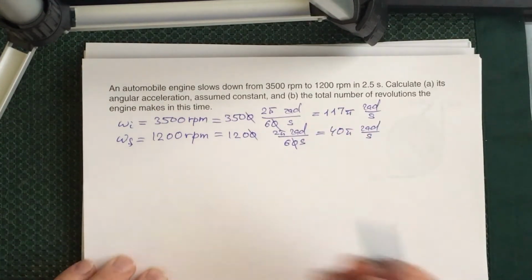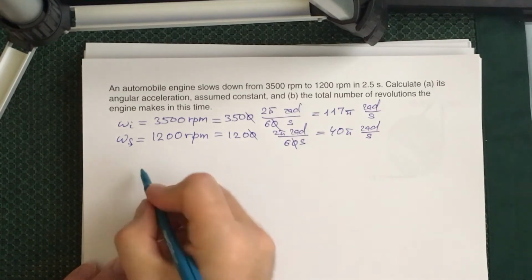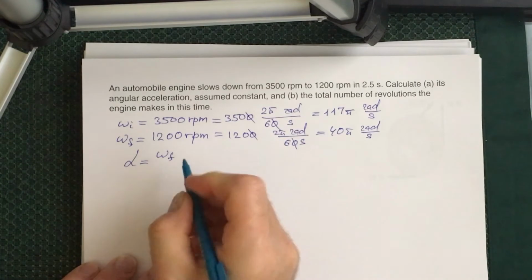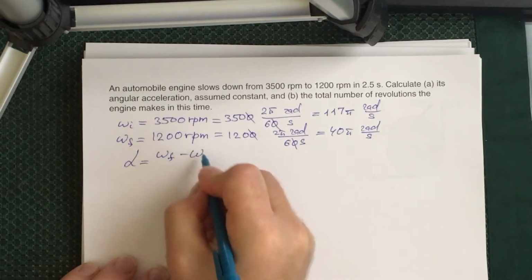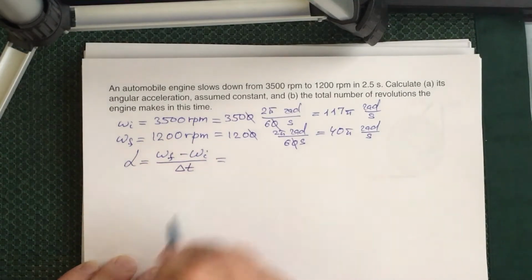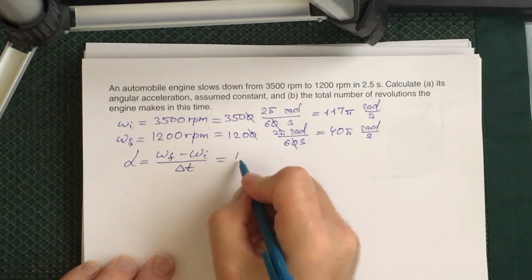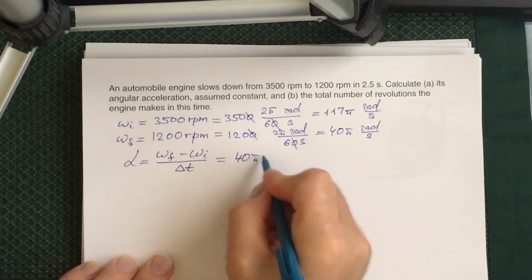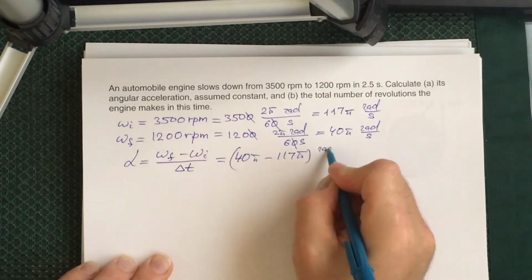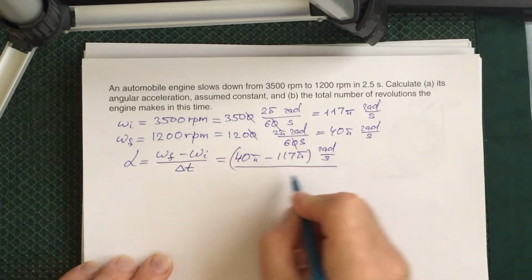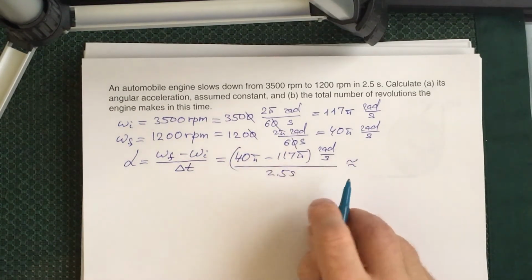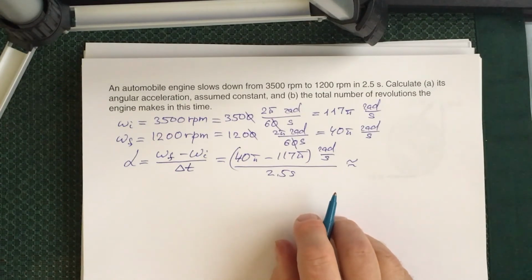And then you have to use the definition of angular acceleration. The angular acceleration is equal to the final omega minus the initial omega, angular velocity, divided by the time interval. So if you put here 40 pi minus 117 pi in radians per second, divided by the time interval 2.5 seconds, you will be able to calculate your angular acceleration.